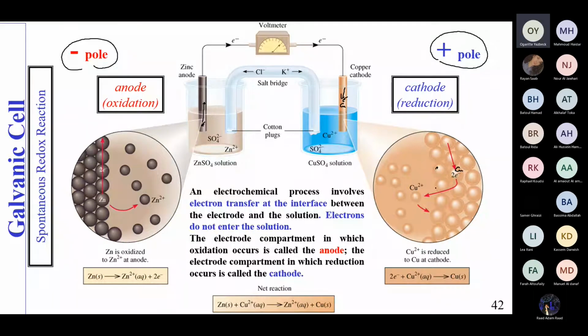The electrode compartment in which oxidation occurs is called the anode, and the electrode compartment in which reduction occurs is called the cathode. Are we clear? We should know how to draw this very well. We should know how the electrons are flowing and to which pole they are going.